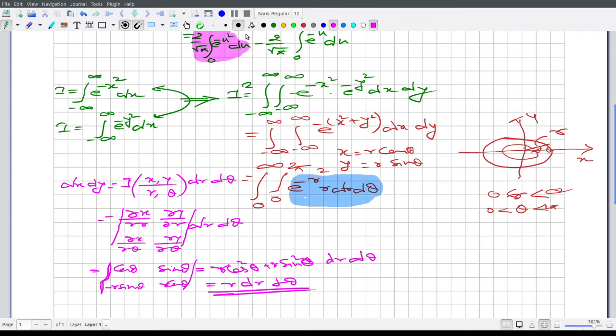Now we can easily integrate this by making r dr d theta.